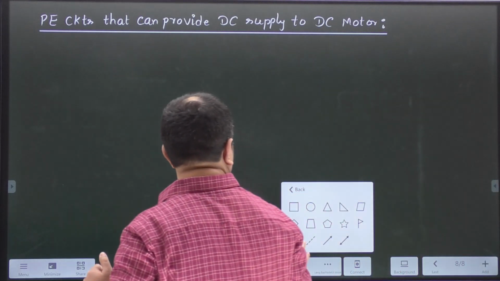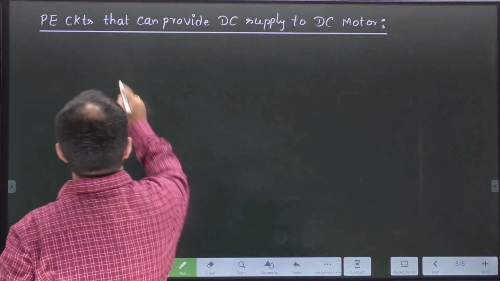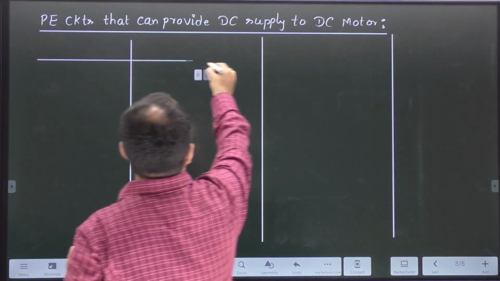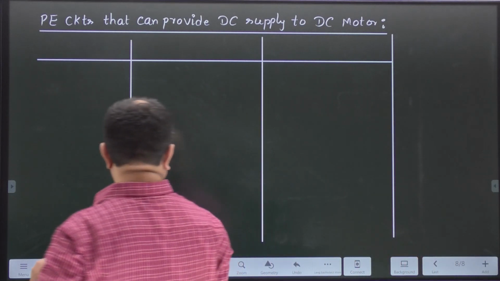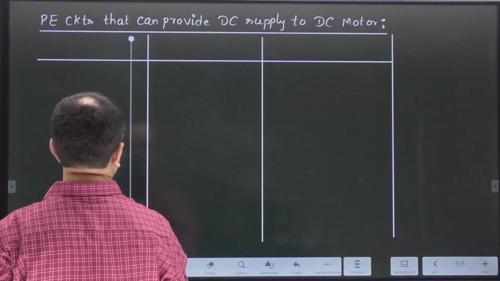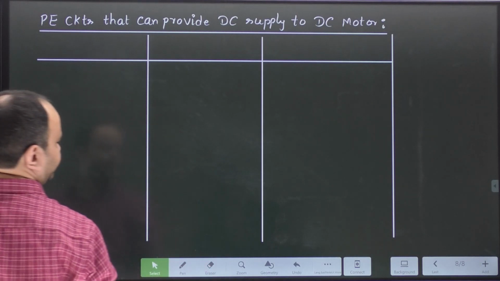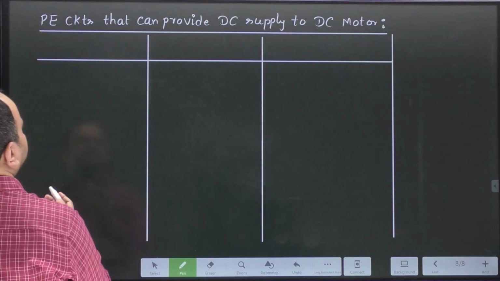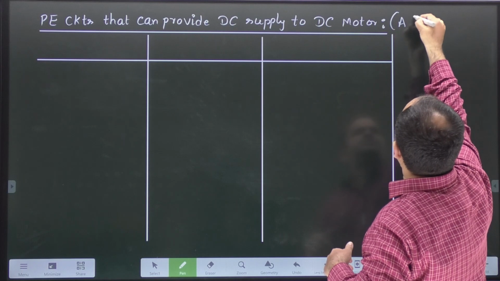Now let me give you an example here, a small table. Suppose the source is an AC source.